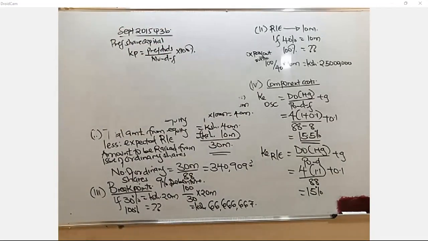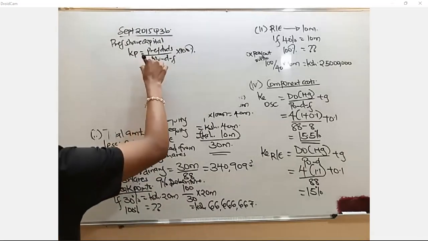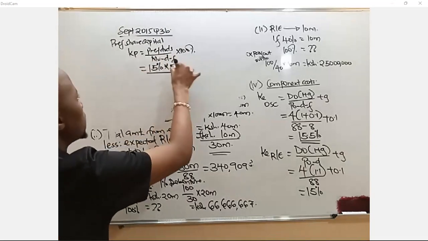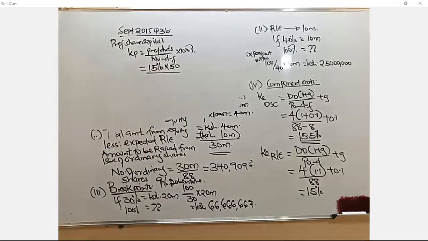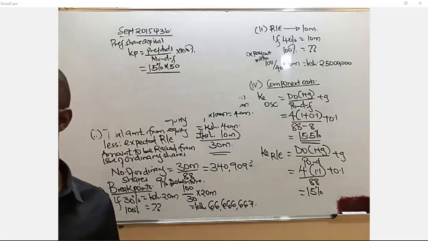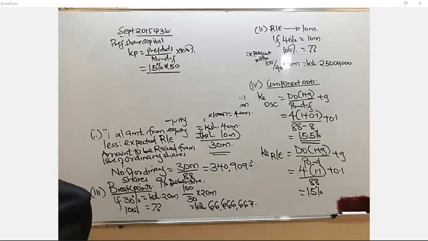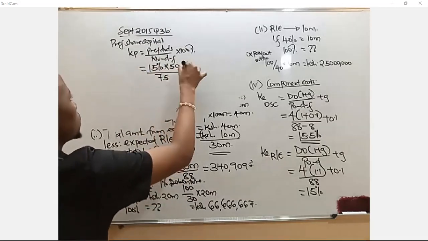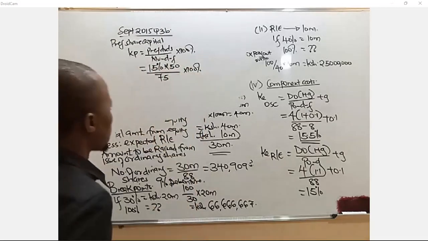We were being told in bullet number 2, the company can issue additional 15% preference shares at a par value of 50 at 75. So it will be 15% of 50 divided by the market value. How much is the market value? We are being told that the market value is 75, times 100%.